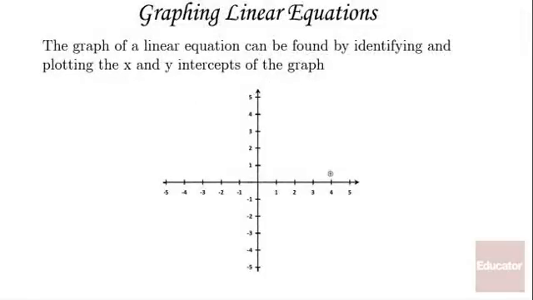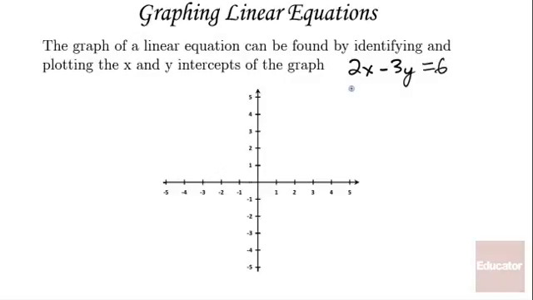The graph of a linear equation can actually be found by identifying and plotting the x and y intercepts of the graph. And the reason is you need 2 points to plot a line. And if I find the x-intercept and the y-intercept, I end up with 2 coordinate pairs, so I can plot the line. In order to illustrate this, we're going to use an example, 2x minus 3y equals 6.